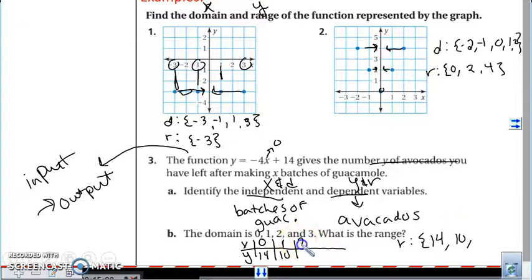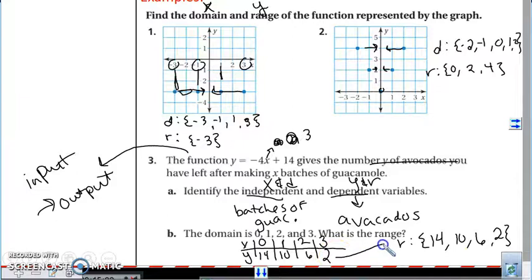Plug in 2: negative 4 times 2 is negative 8, plus 14 is 6. And 3, we're going to plug 3 in, and negative 4 times 3 is negative 12, and we'll have 2.